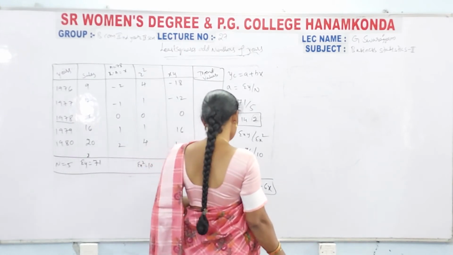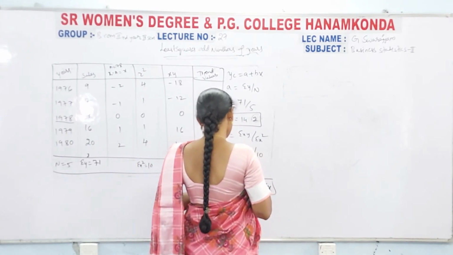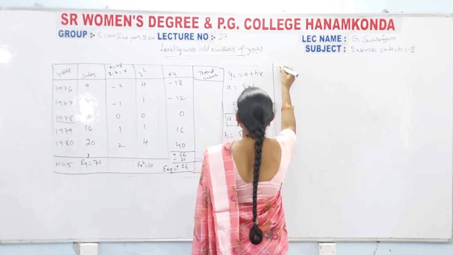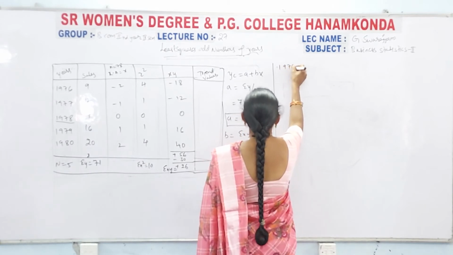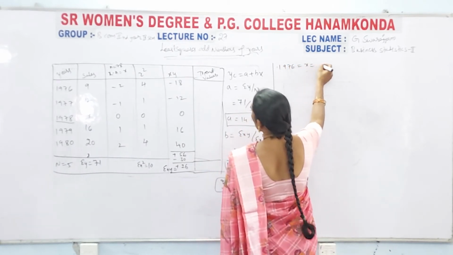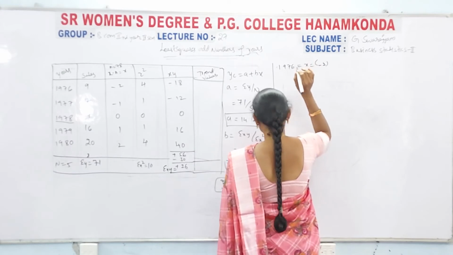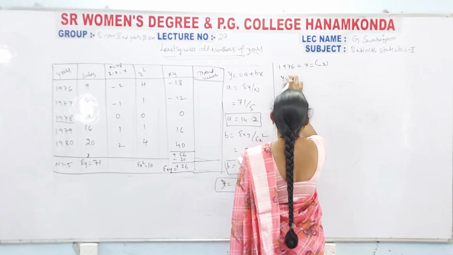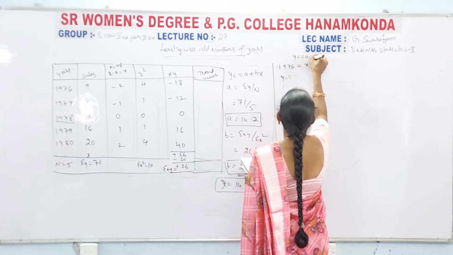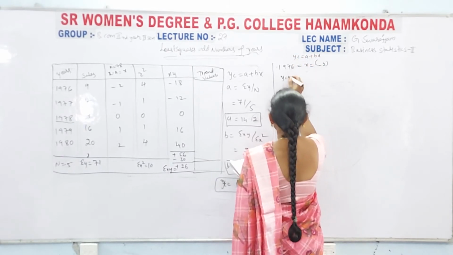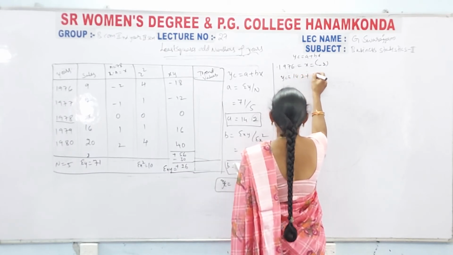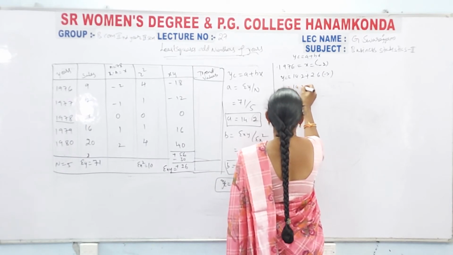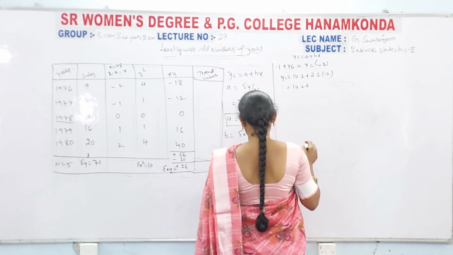The next, trend values are calculated for every year. So 1976, the x is equal to -2. Then the equation Yc is equal to a plus bx: 14.2 plus 2.6 into -2.